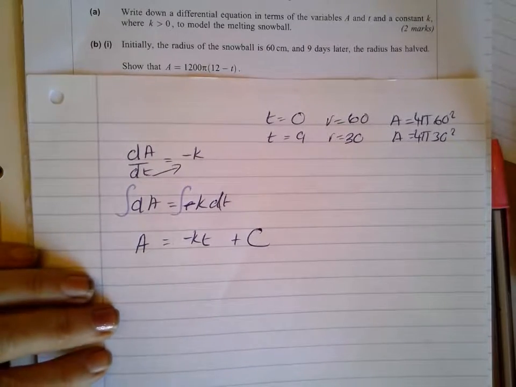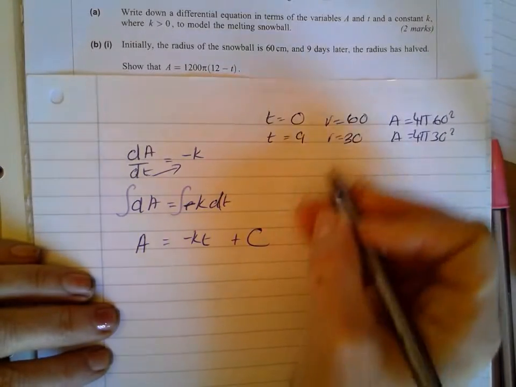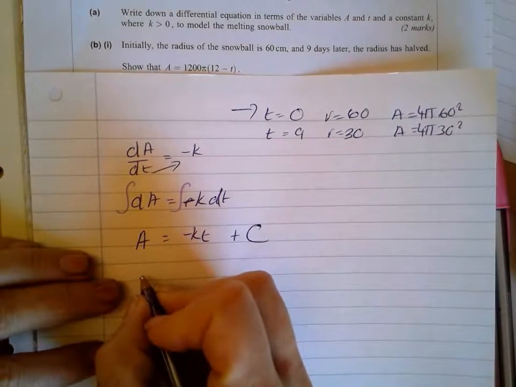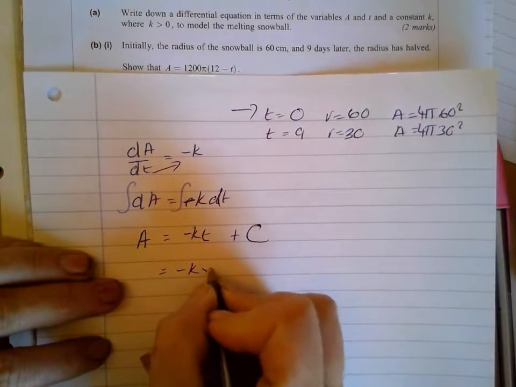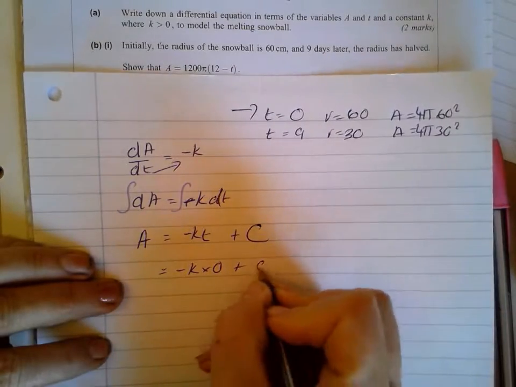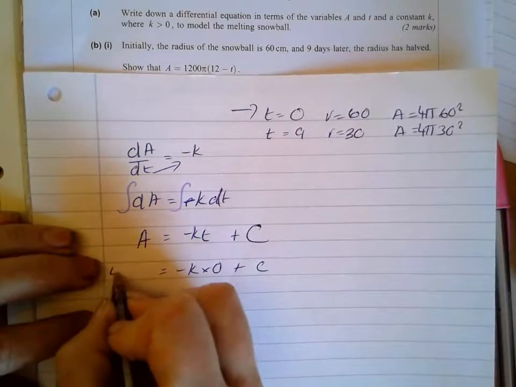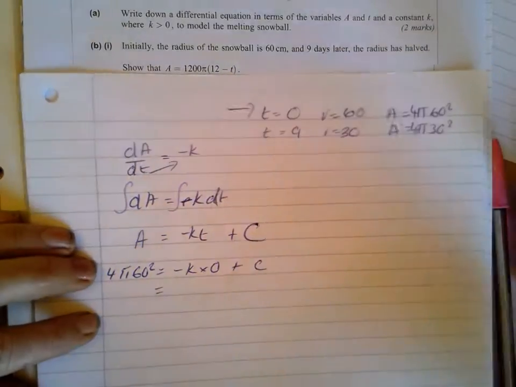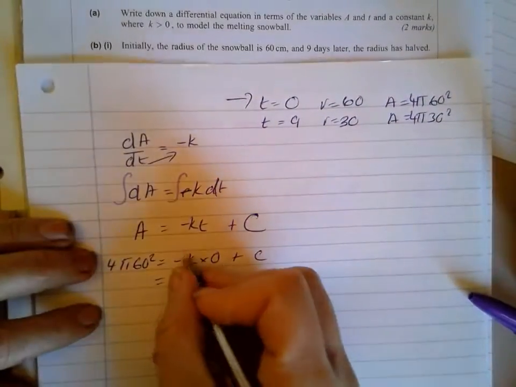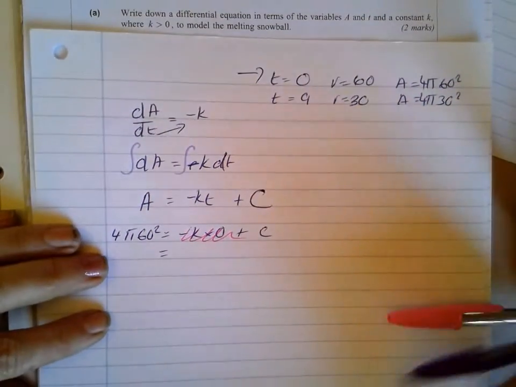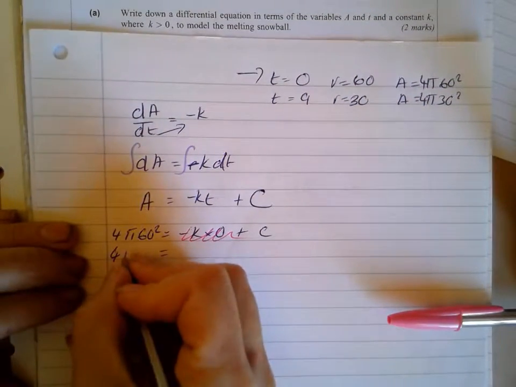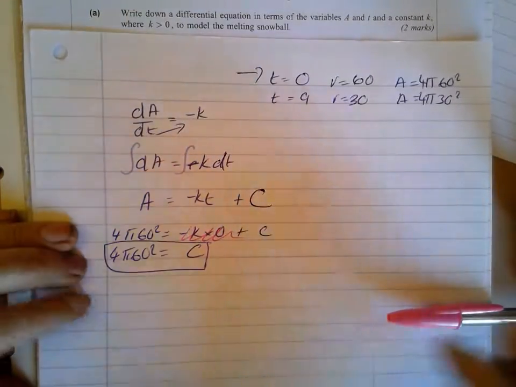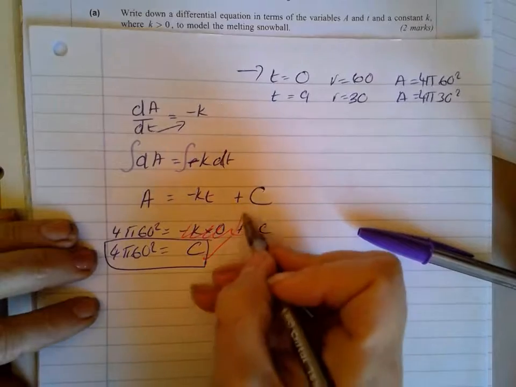We can find c by putting in what we know. At time nothing, the area is 4 pi 60 squared. When time is nothing, that term is going to disappear, so 4 pi 60 squared equals c.